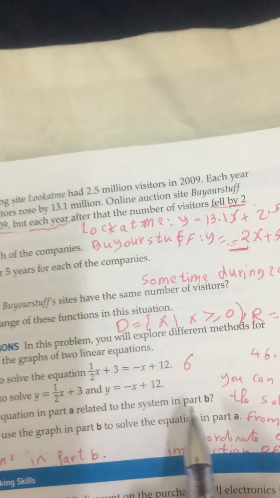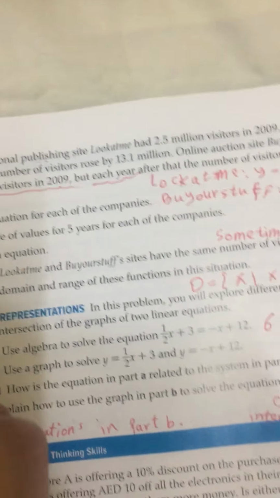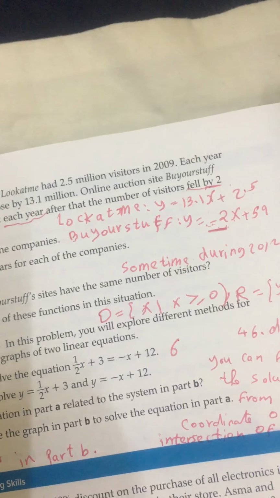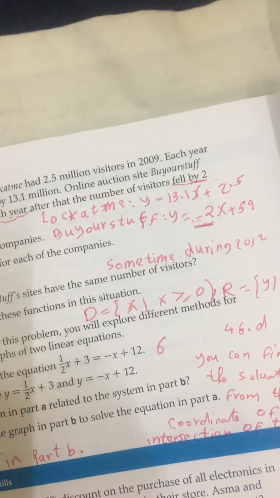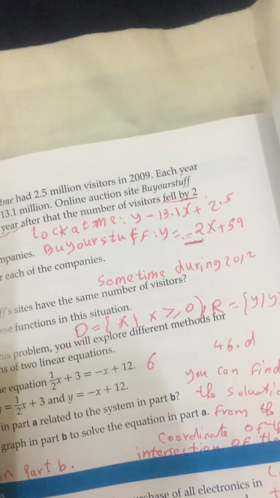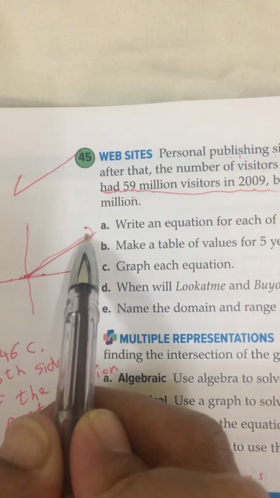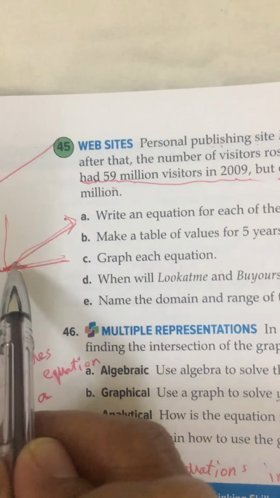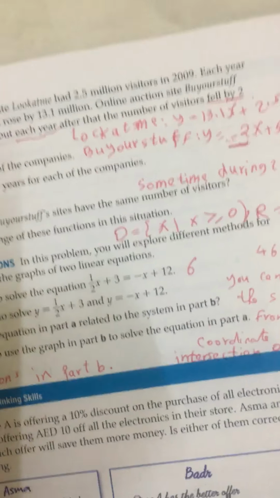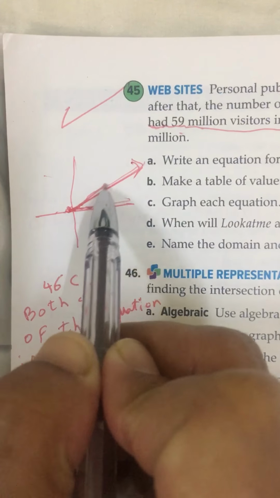Okay, to find the domain: when you graph, for example, x means greater than or equal to 0, so domain x greater than or equal to 0, and y also. Range means y greater than or equal to 0.